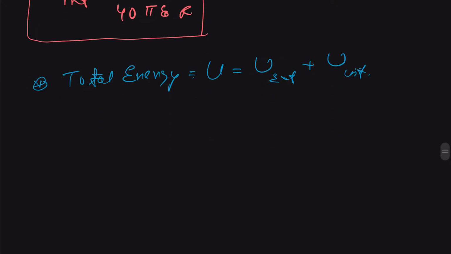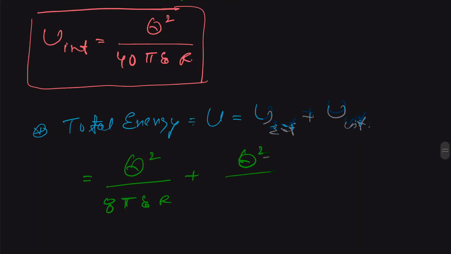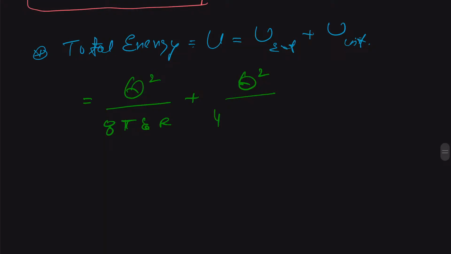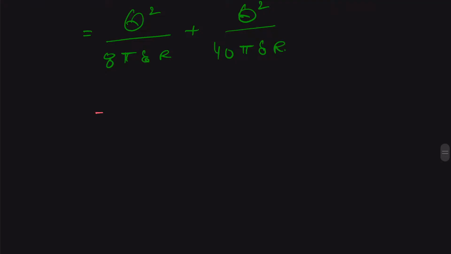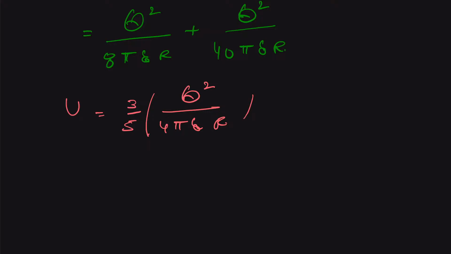We get Q square upon 8 pi epsilon naught R plus Q square upon 40 pi epsilon naught R. And this gives us 3 by 5 times Q square upon 4 pi epsilon naught R. So this is the total energy associated with the sphere.